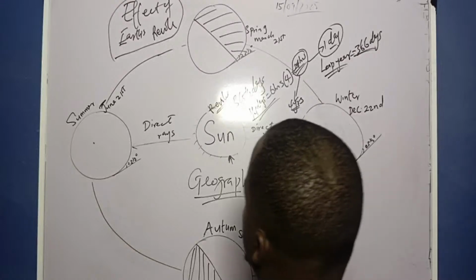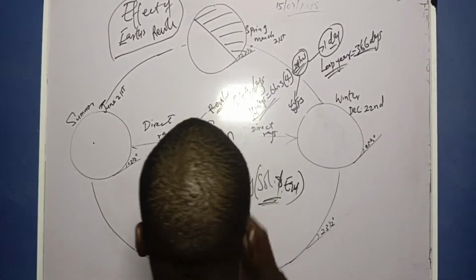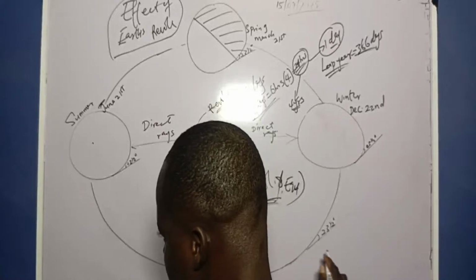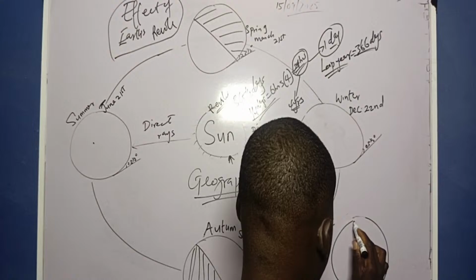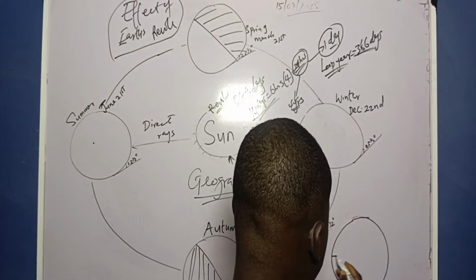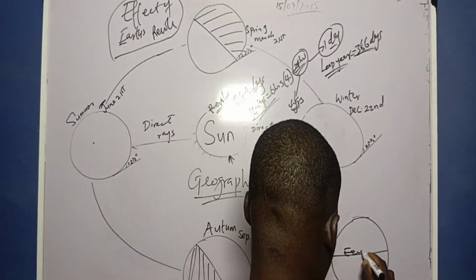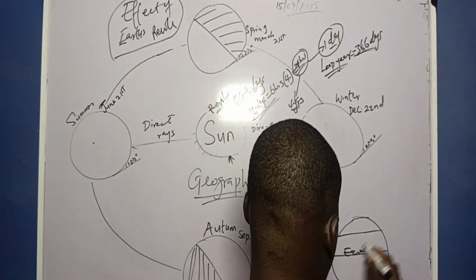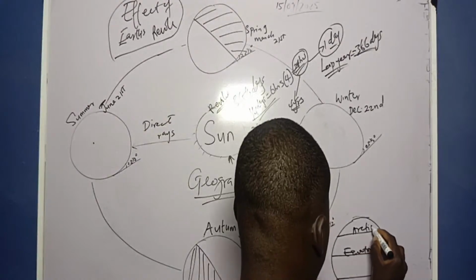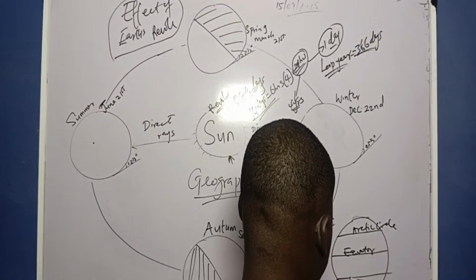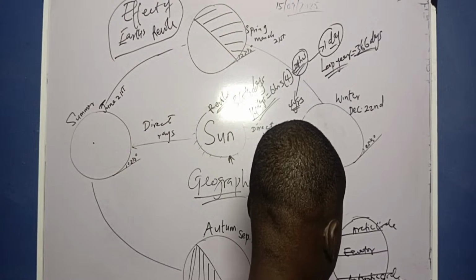So, as you can see, when we say that the sun is overhead, we have this as the earth, and here is the equator, the equatorial region. Here and here is regarded as the Arctic, and this is the Antarctic Circle.